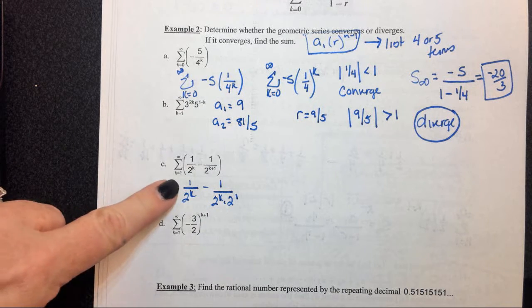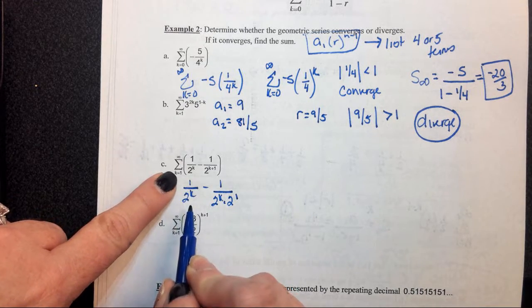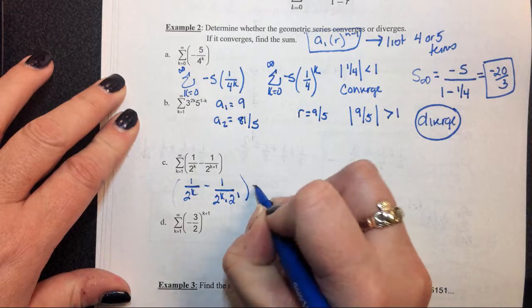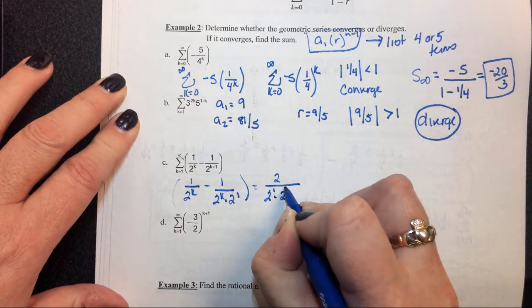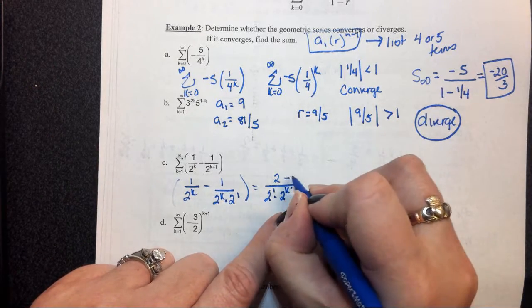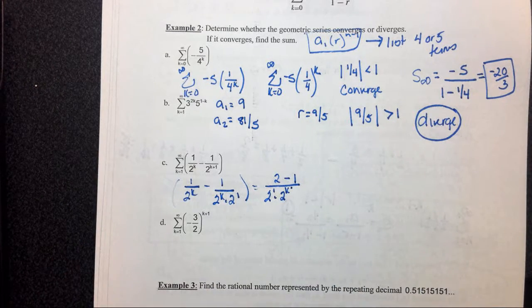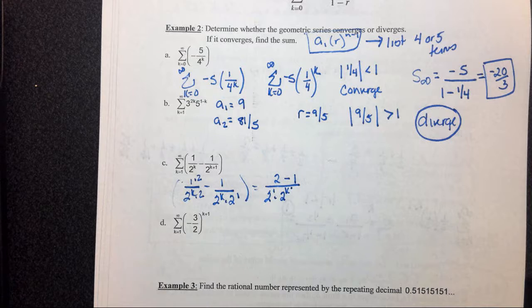What are you going to have to multiply the first fraction by? You already have the 2 to the k, so we need to multiply top and bottom by 2. So I can rewrite this as 2 over 2 to the first times 2 to the k, minus 1 over 2 to the k plus 1. All I did was multiply the top and bottom of the first fraction by 2.